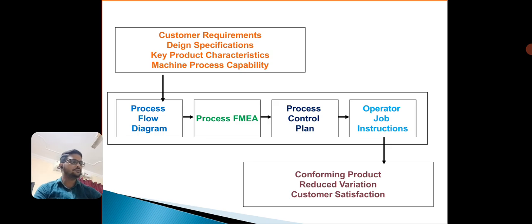On the basis of the process FMEA output, we need to prepare the process control plan, and the process control plan output needs to be captured in operator job instructions, confirming the product produced, reducing variations and ensuring customer satisfaction. These are the linkages of the PFD, PFMEA and control plan.